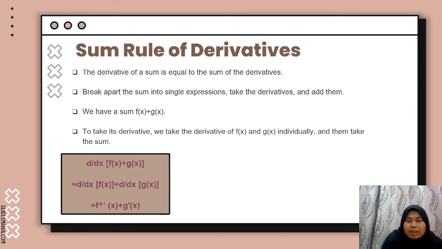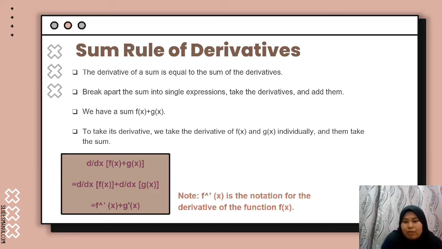For example, d over dx in brackets f(x) plus g(x) equals d over dx of f(x) plus d over dx of g(x), and we get f prime x plus g prime x. Note that f prime x is the notation for the derivative of the function f(x).